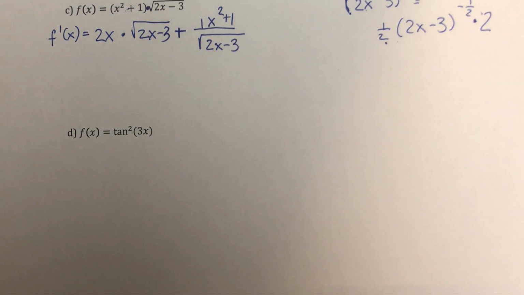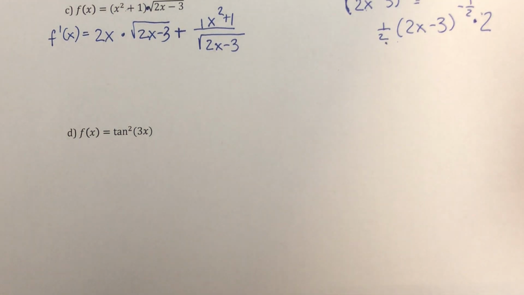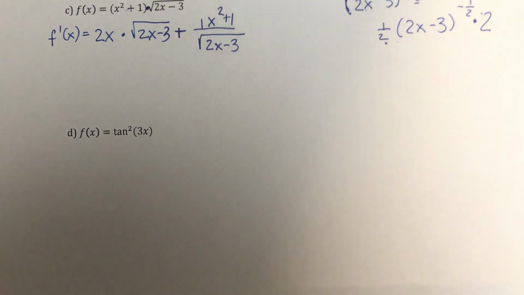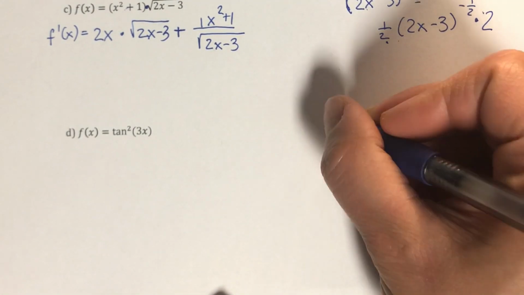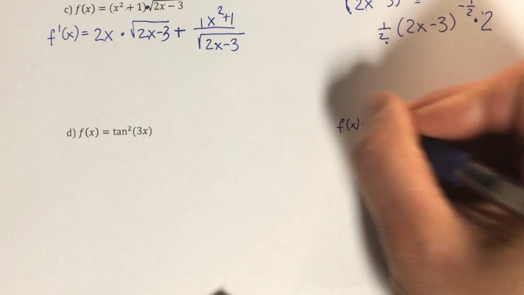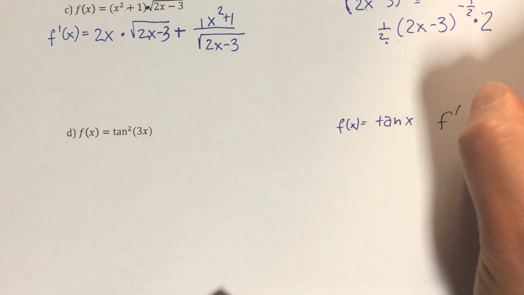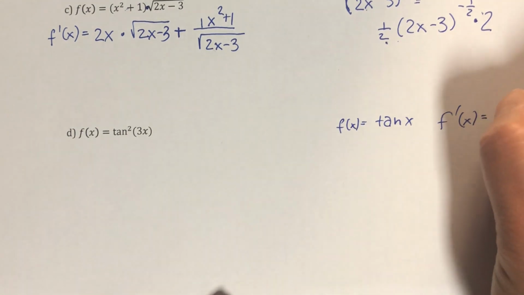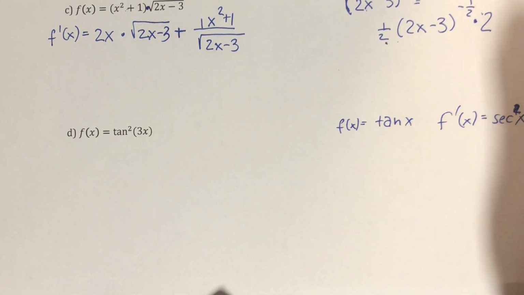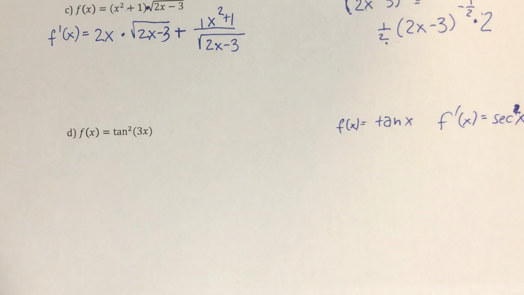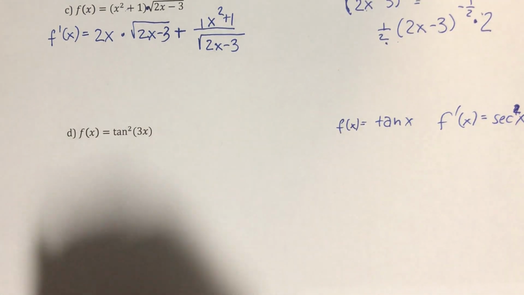So what I need is I need to know what is the, and I am going through my notes, tangent secant squared. So I know that if f of x is equal to tangent of x, then the derivative of this is secant squared of x, yes. All right, so now, well, let's see.